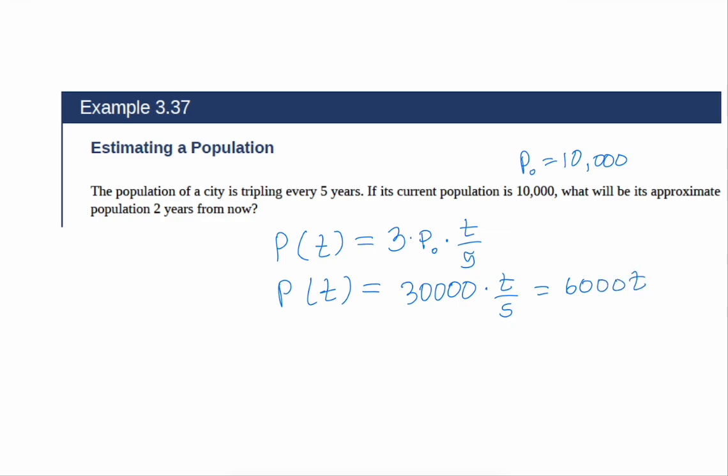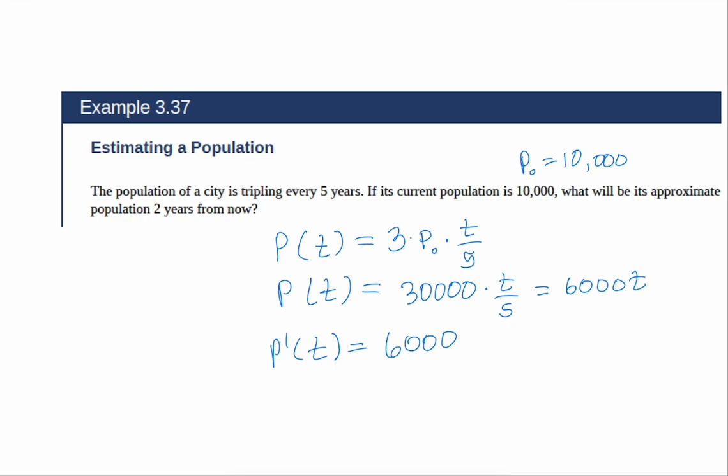So now we have an equation, okay? And it says what will be the approximate population 2 years from now. So if we think about the rate of change, if we want to find the derivative of this, that means the change per year is 6,000.